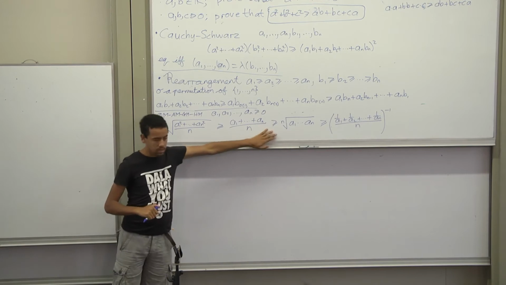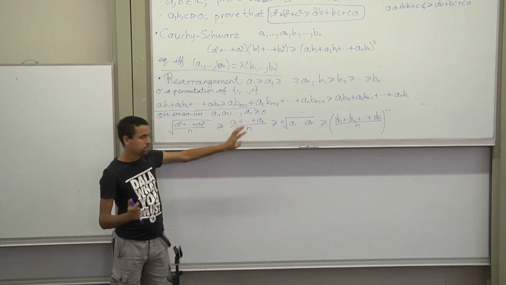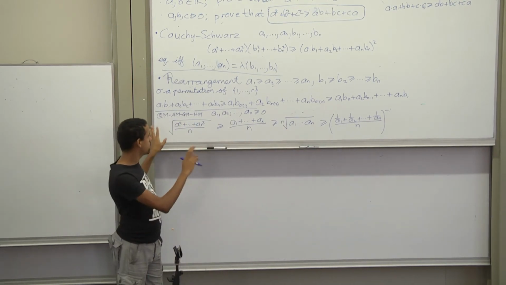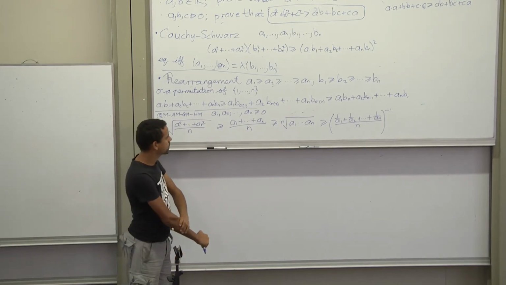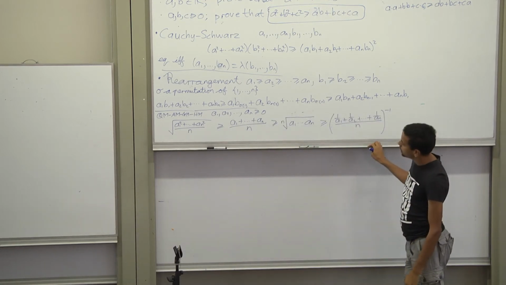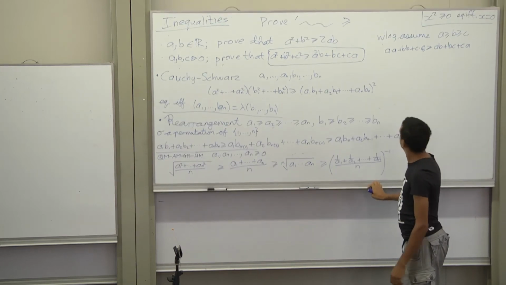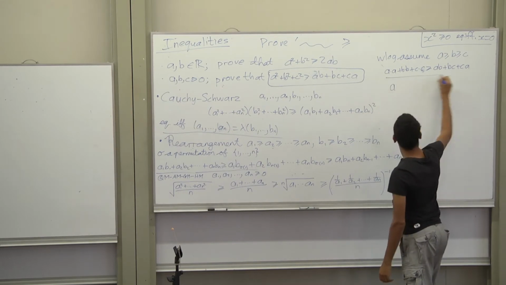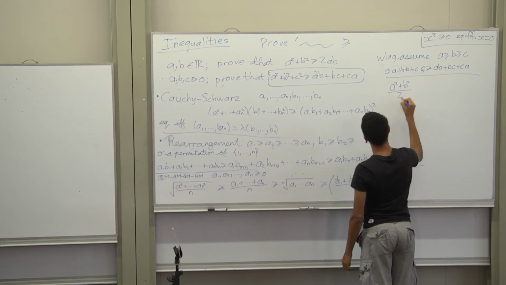Most common is the one in between. The arithmetic mean of any n is greater than or equal to the geometric mean of those, but the others are also quite useful too. In particular, the AMGM applied on two variables may look familiar. If I apply the AMGM on a squared and b squared over 2.